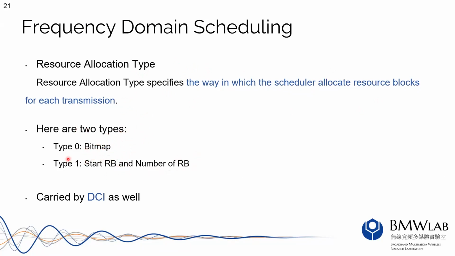So we can know type 0 is more flexible because you can put the PRB anywhere in this bitmap. But for type 1, you can only set the start of the RB and the number of RBs. And this information, the resource allocation type, is also carried by the downlink control information as well.